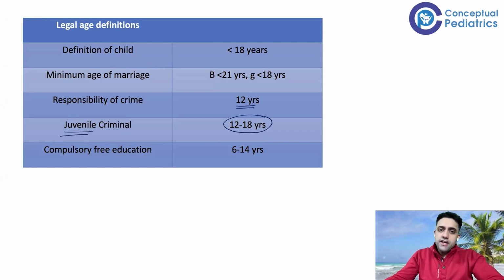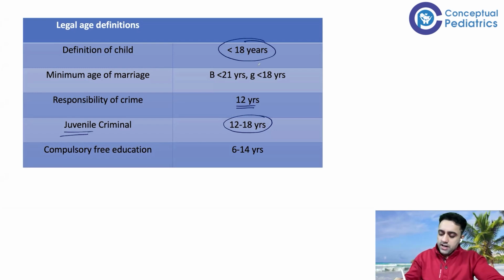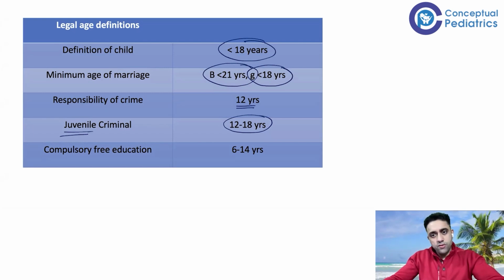Whatever we are reading, read it as if you are reading this for the first and last time, and you will always remember. So let's revise again. What is the definition of child? Less than 18 years. The minimum age for marriage is 18 years for girls and 21 years for boys.